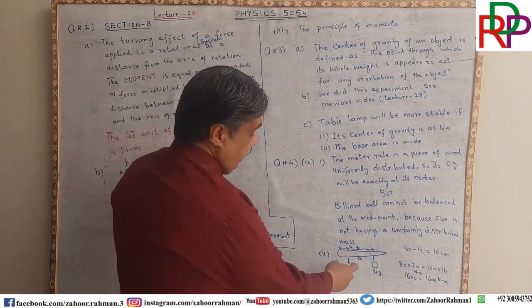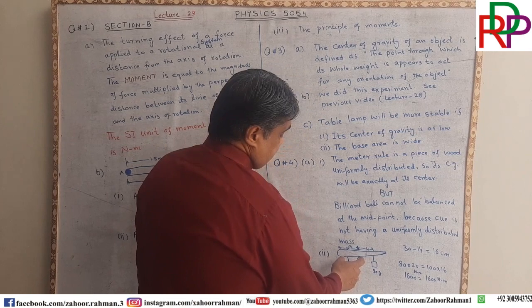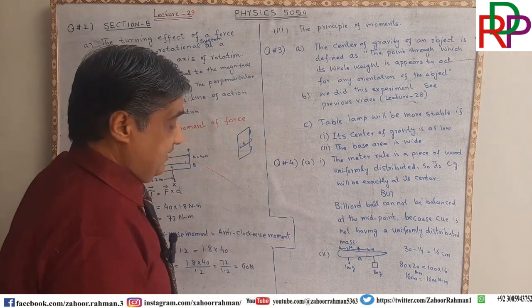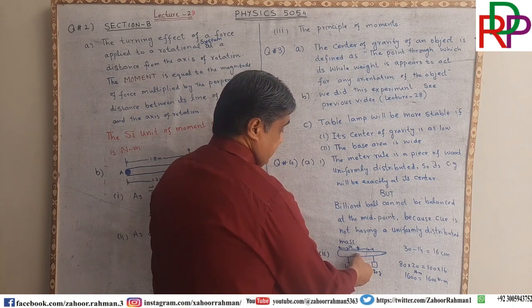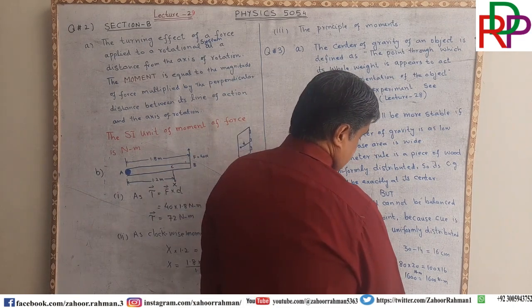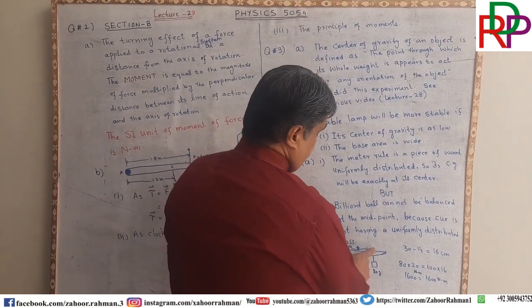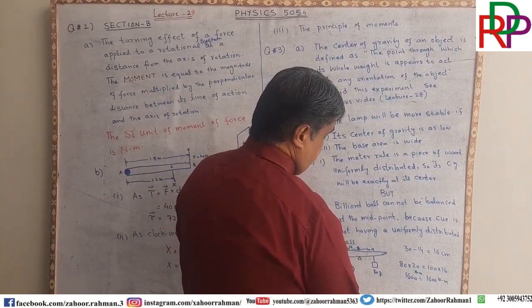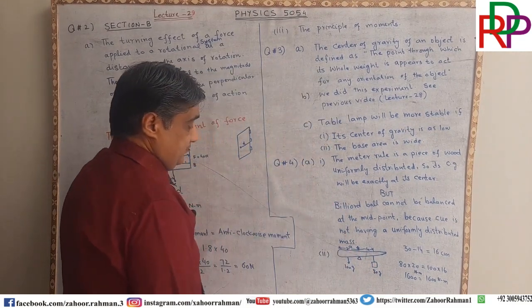We have to hang these two weights. If we are seeing clockwise and anti-clockwise, we have to find the center of mass of it first as well. So we found the center of mass during the experiment to be at 14 centimeter.